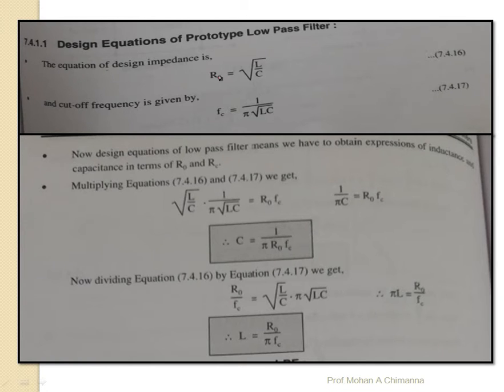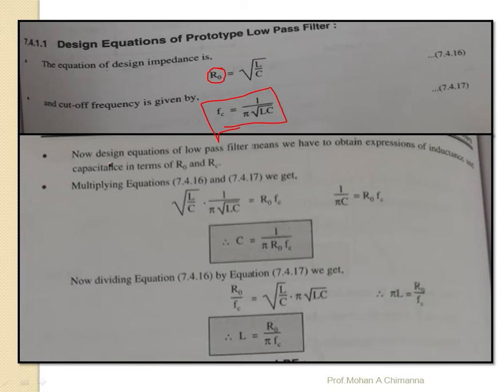R0 is equal to the square root of L upon C. The cutoff frequency is calculated by Fc equal to 1 upon pi root of LC, and R0 is equal to the square root of L upon C. Now we can design the low pass filter.